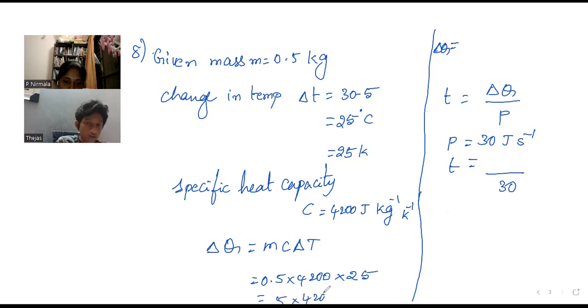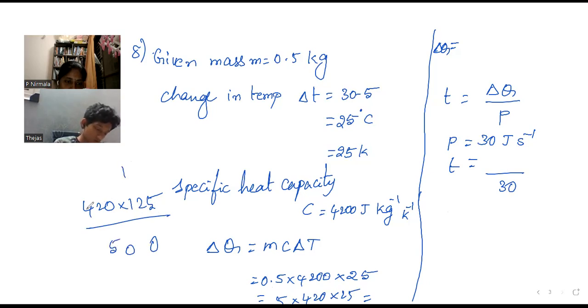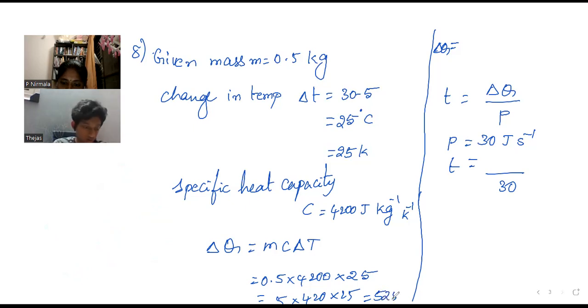Then 5 into 420 into 25. 25 5s are 125. 420 into 125. Yes, 52,500. 0 0 cancelled.